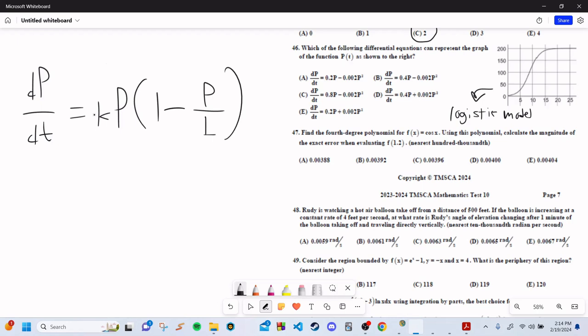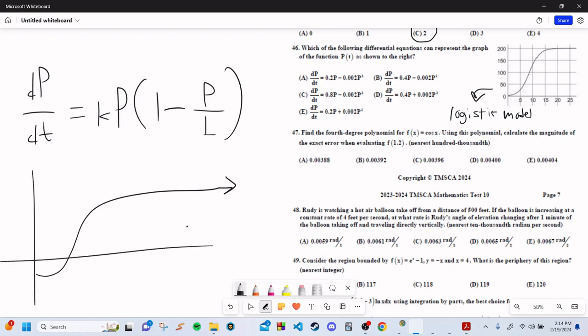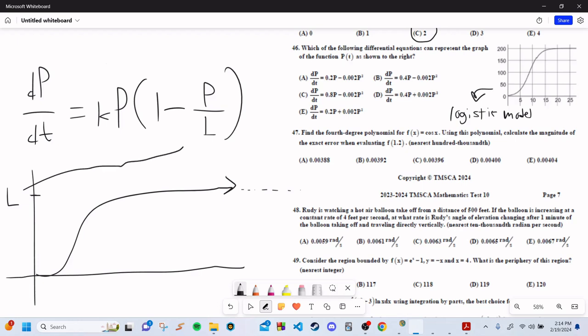And so what do these numbers mean? Again, with the logistic model, you see that it usually tapers off at some maximum value and just stays there. That value L is the carrying capacity.